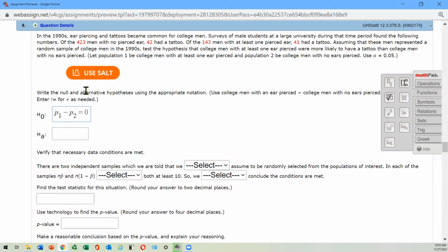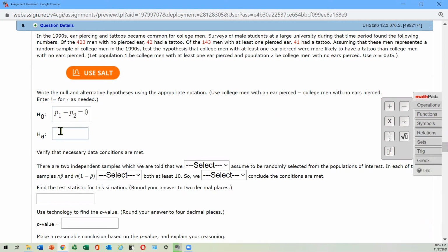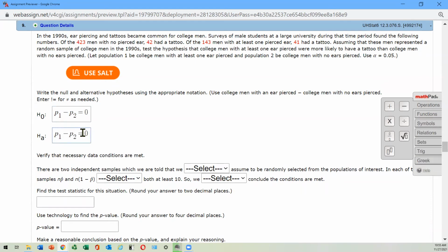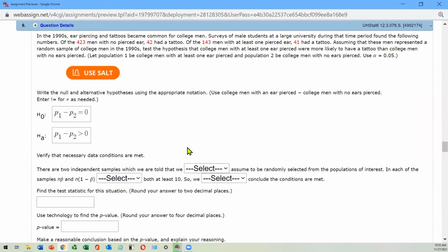So we start that with zero. And we are assuming that P1, those with ear piercings, have more tattoos than the other.